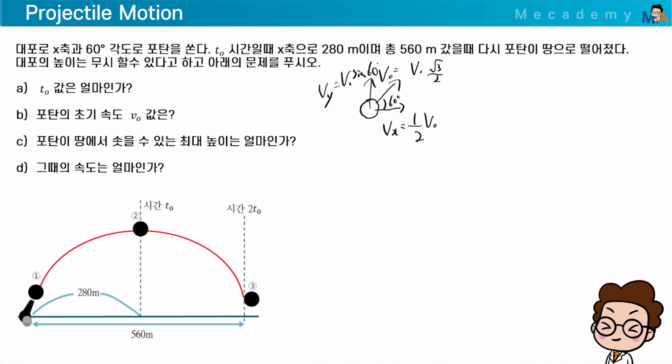Do you understand? Now after separating, you find the acceleration and draw the graph. Remember well, okay? Separate, find the acceleration on the x-axis and draw the x-axis graph. Then separate, find the acceleration on the y-axis and draw the y-axis graph, okay?